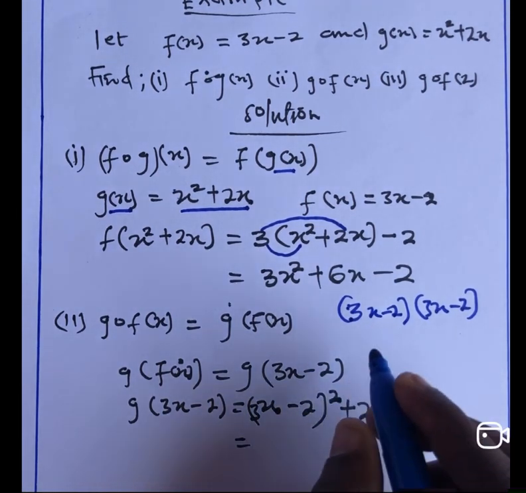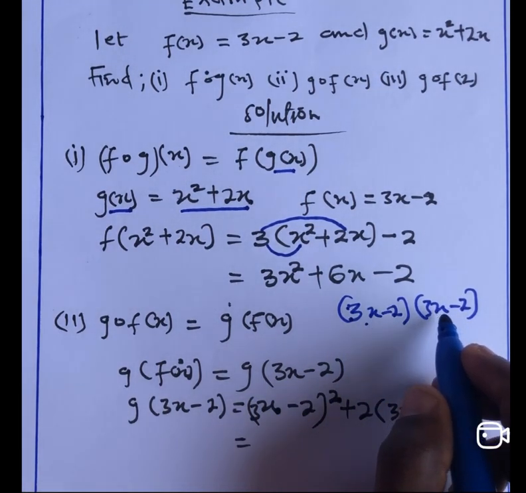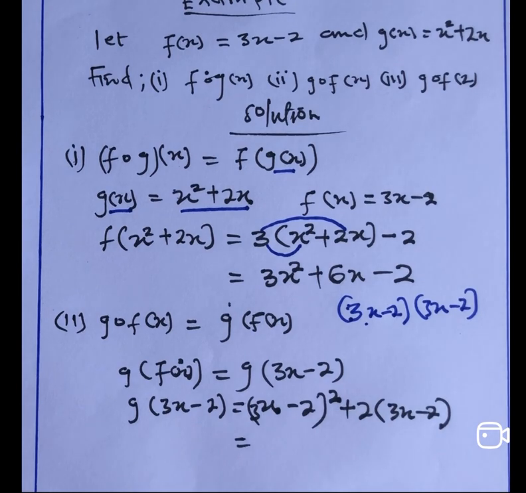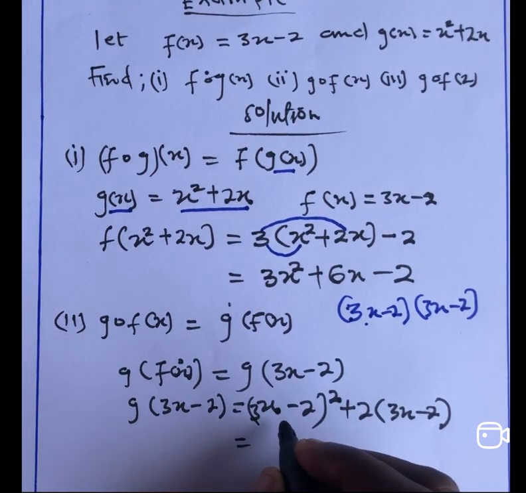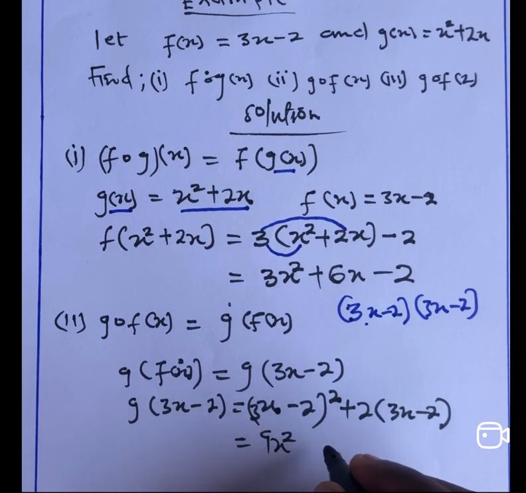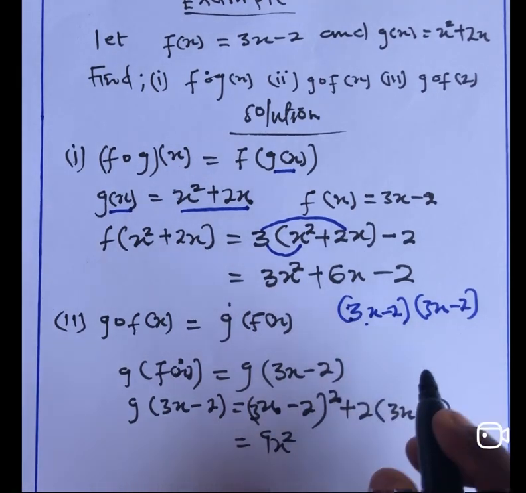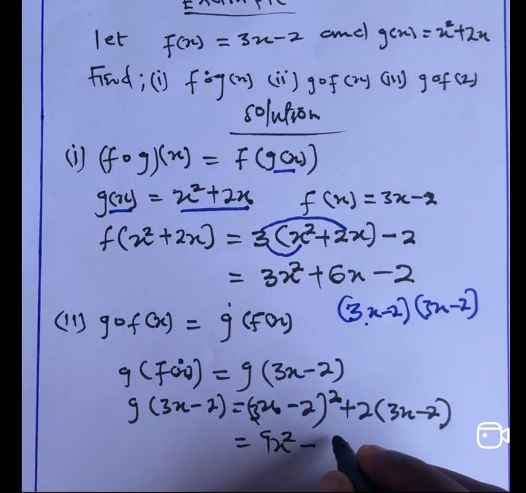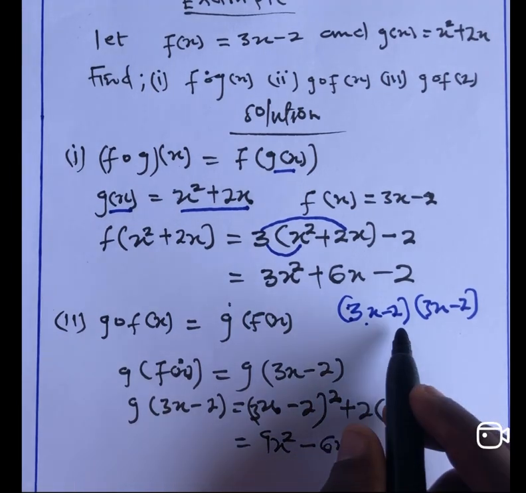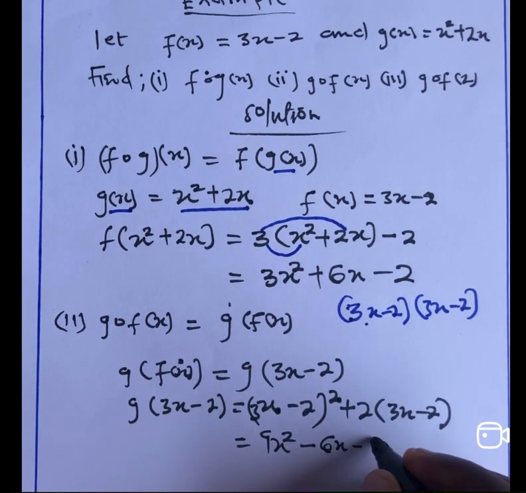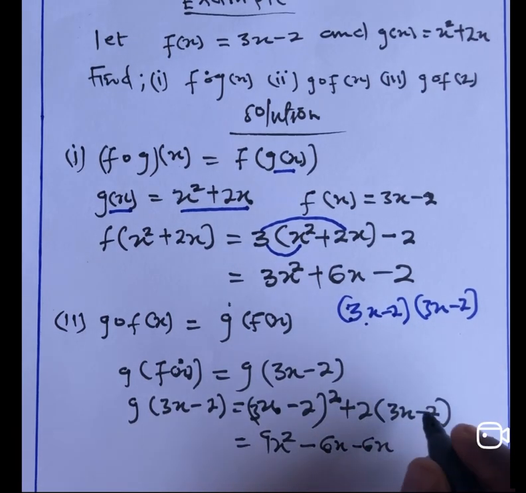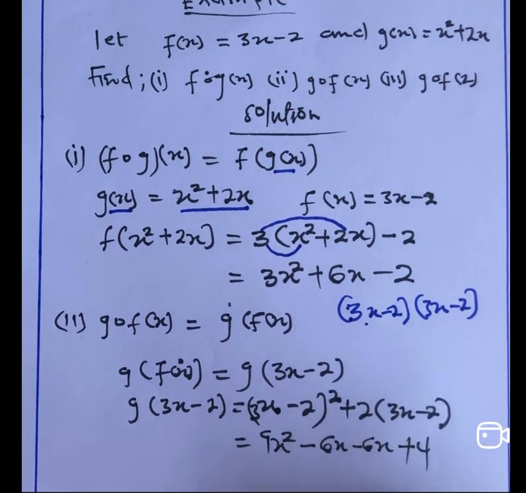If I open this one, this will give me 3x times 3x. Is that okay? And 3x times 3x is going to give me 9x squared. Then 3x times negative 2 gives me negative 6x. Then negative 2 times 3x gives me negative 6x. Negative 2 times negative 2 gives me positive 4.